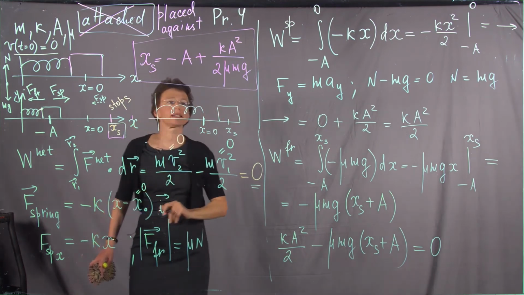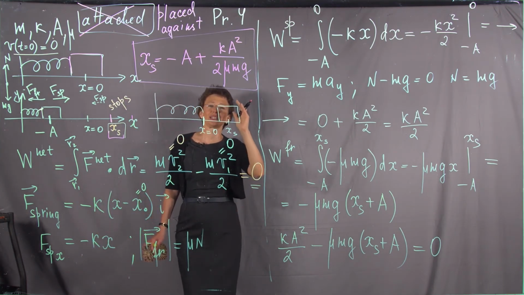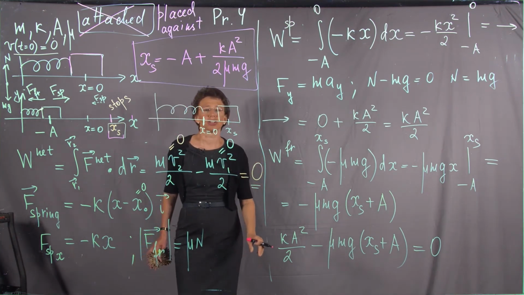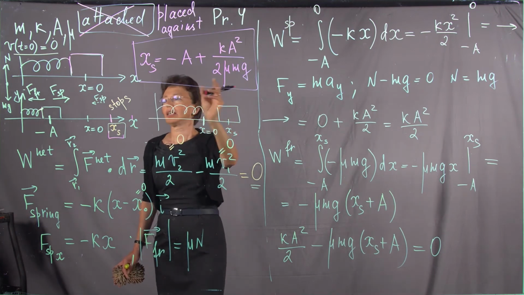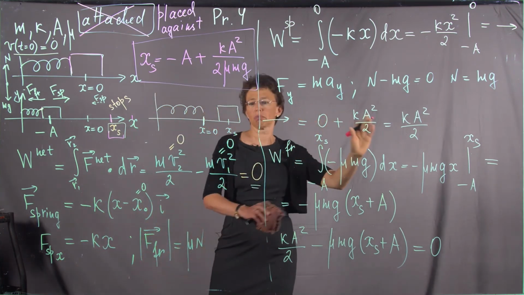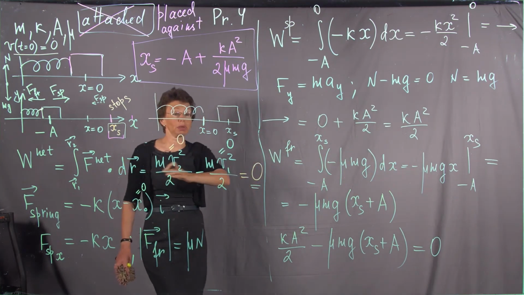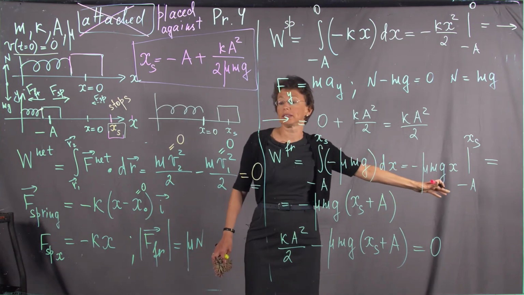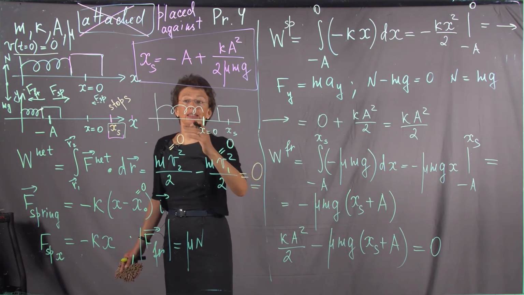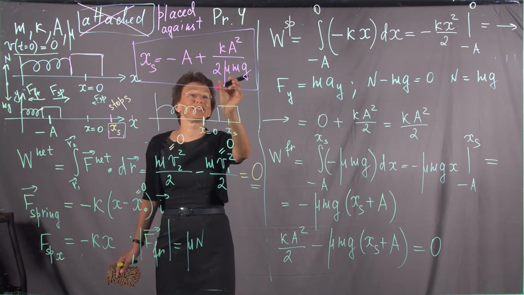We found xs. Does it make sense to us? Let's think about it for a second. What if I don't have friction? Mu is 0. If there is no friction, how far will this block move? It will be moving forever. Nothing will stop it. So what should be xs then? It has to be infinity.